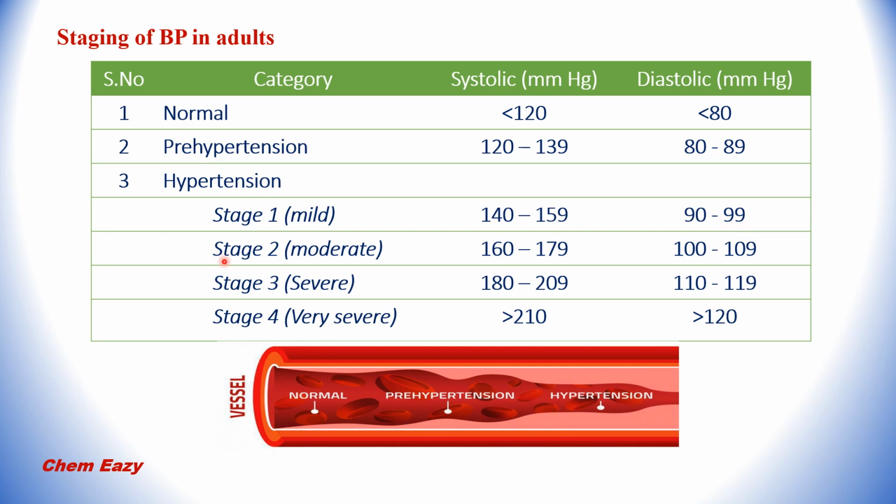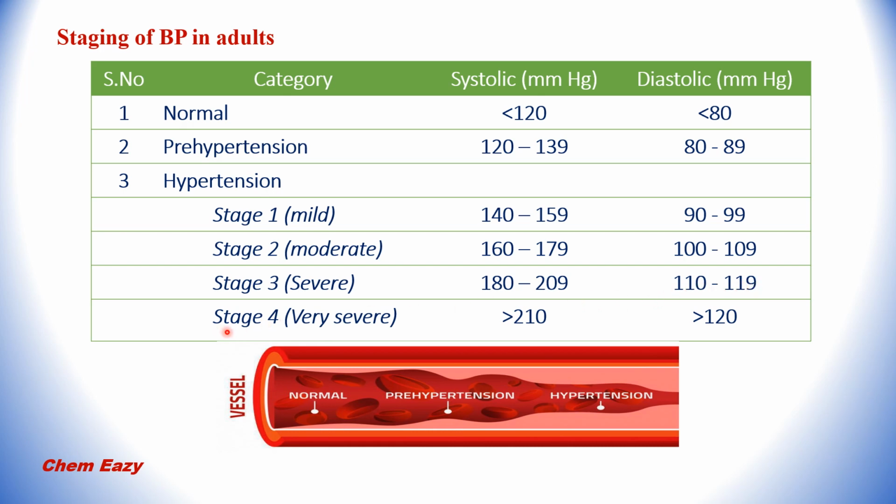The second stage is moderate. For moderate, systolic is between 160 to 179 and diastolic is 100 to 109. Stage 3 is severe, between 180 to 209 in case of systolic and 110 to 119 for diastolic.